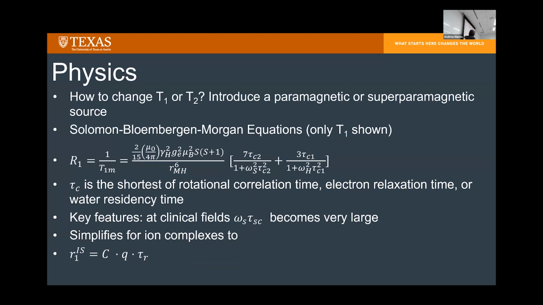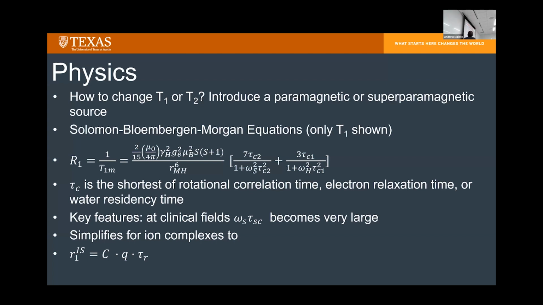I only really want to point out a few things here. Our overall decrease in T1 is going to depend on the total spin of what we're applying. It's also going to depend a lot on the relationship between our correlation time and this term here, which is the correlation time times the precessional frequency of water at whatever field we've decided to apply.